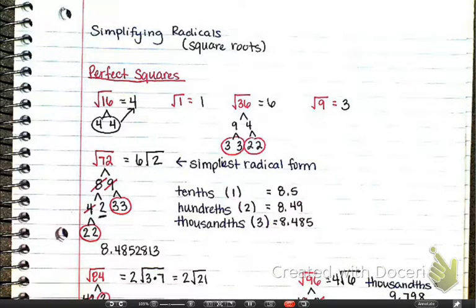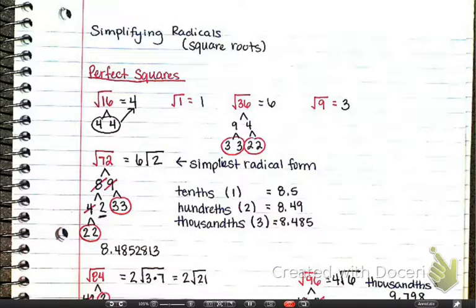25. What's the square root of 25? 5. So 5 times 5 gives us 25. What else? 100. What's the square root of 100? What about the square root of 196? Do you have a calculator?